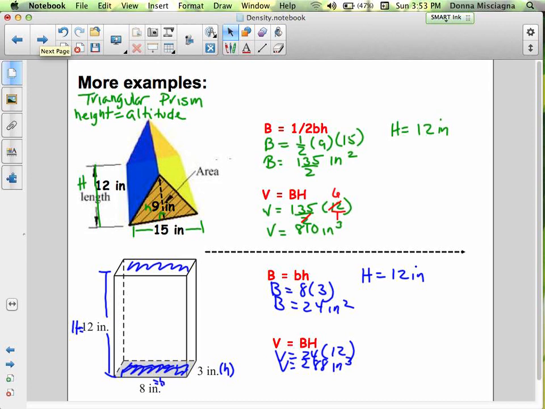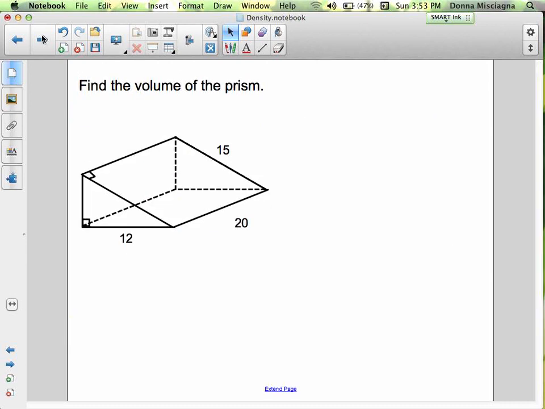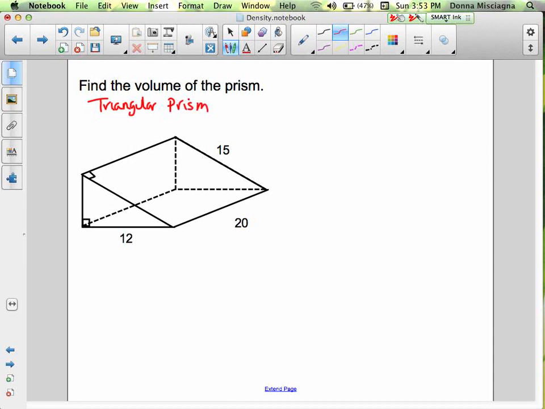All right, let's try another one. So now here we have another triangular prism. And on prisms, all the opposite bases and the opposite side measures are all parallel to one another, and they're all the same length.